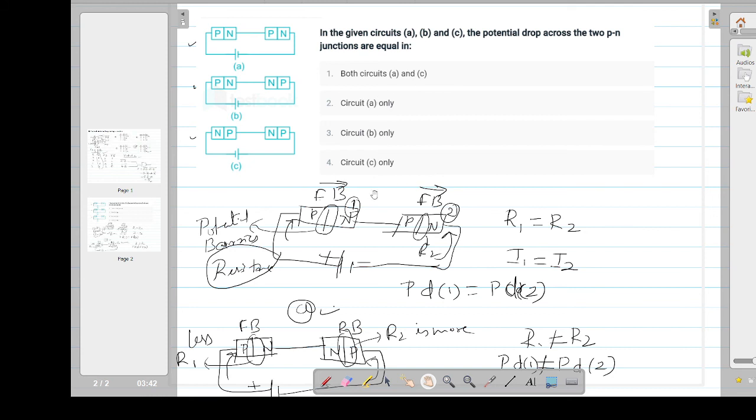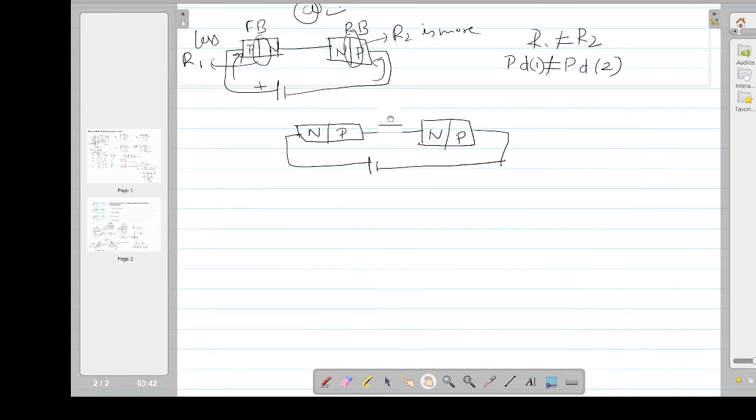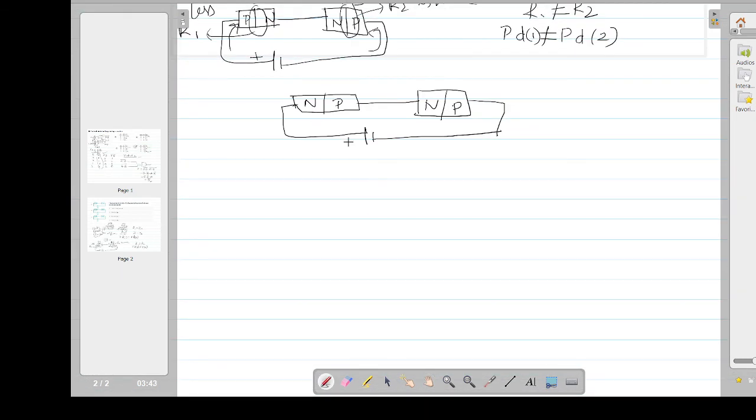Let me check circuit C, because in the first option they have given circuit A as well as circuit C. In circuit C, the first is N and P, interconnected, and again N and P. These two PN junctions are also connected in series, and the positive is supplying to the N type and the negative is supplying to the P type.